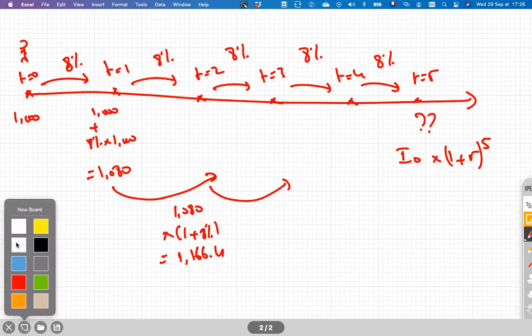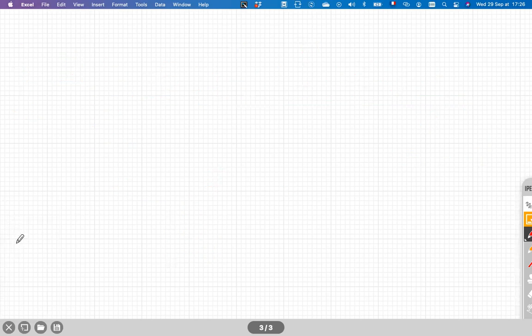So for somebody who has no knowledge about the time value of money, he will make the following reasoning.